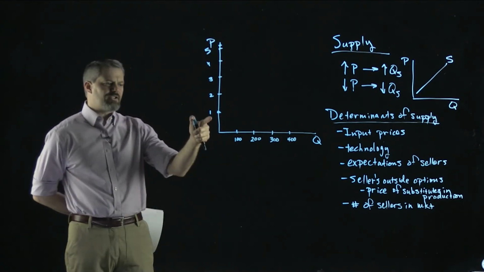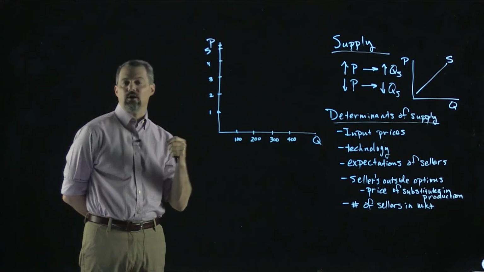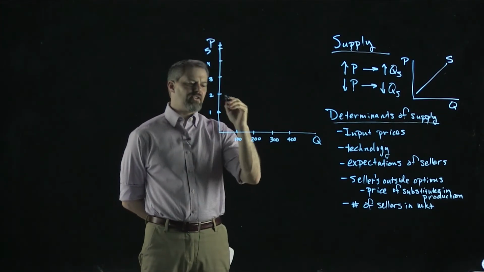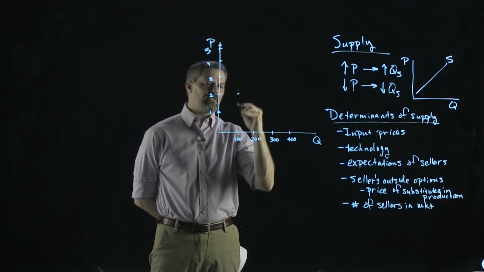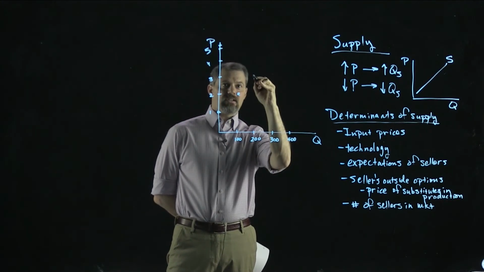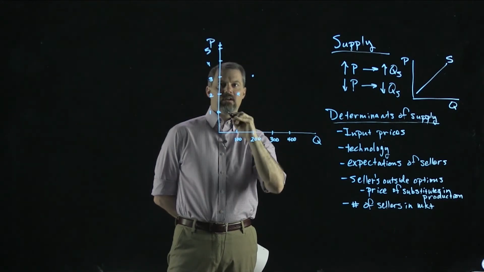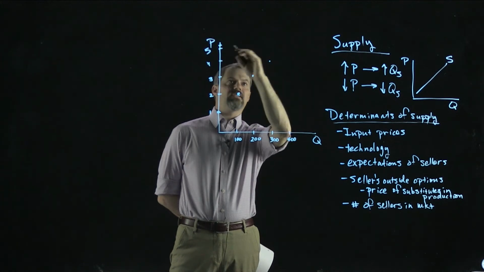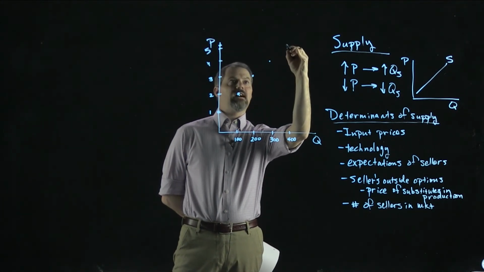There's going to be a range of prices over which the firm wants to sell none. And then let's suppose if price is 2, they want to sell 100, so there's a point. If price is $3, they want to sell 200, so there's a point. Price is $4, they want to sell 400, and if price is $5, they want to sell 500.